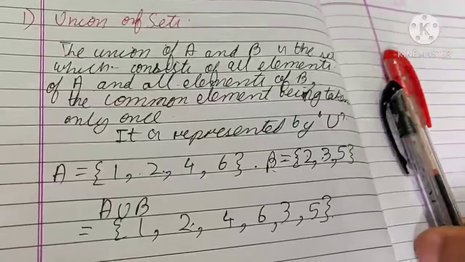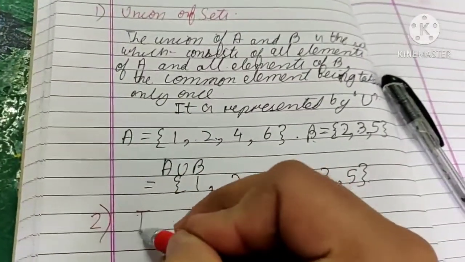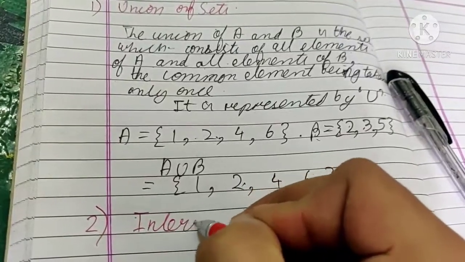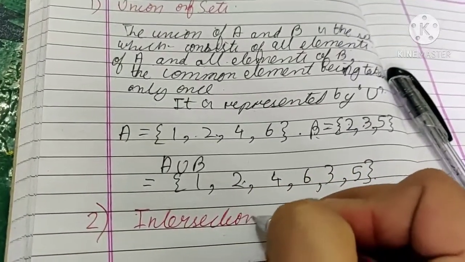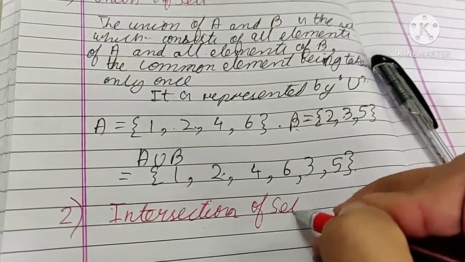And the second part here is intersection of sets.